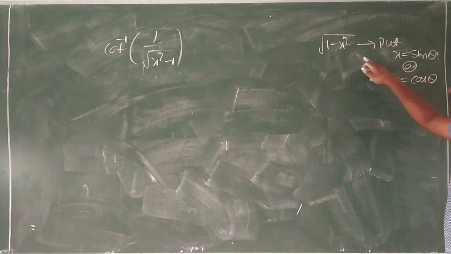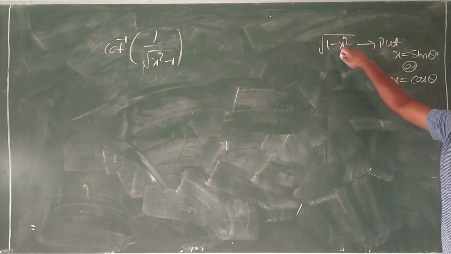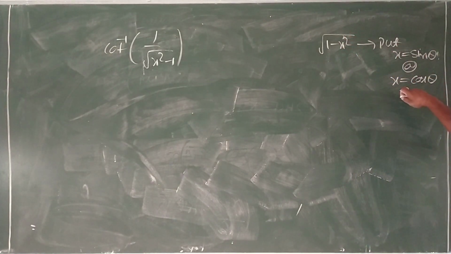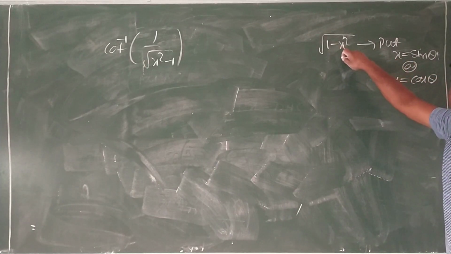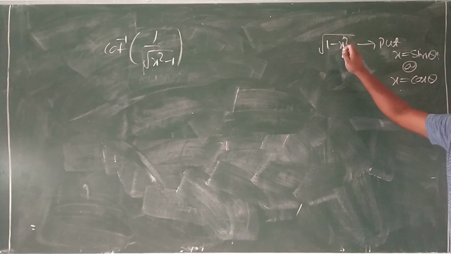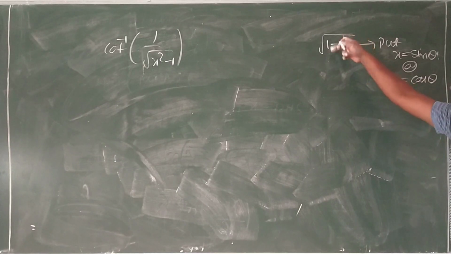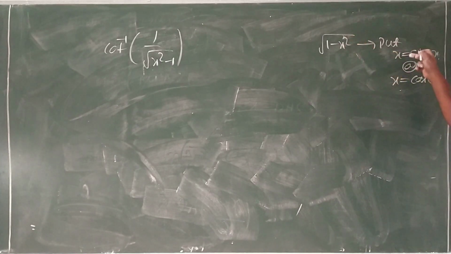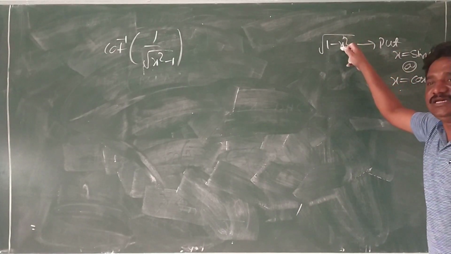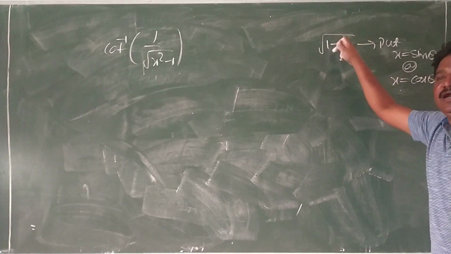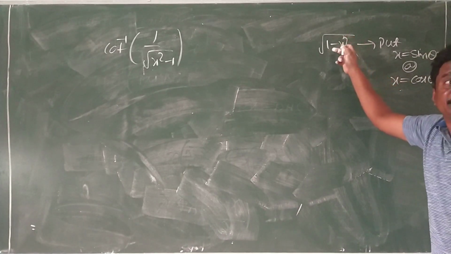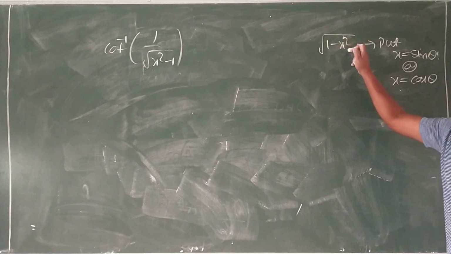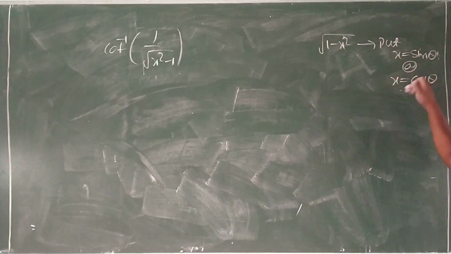Why do we use this? Whenever this term is seen, we use this substitution, because 1 minus sin square is equal to cos square. The square root gets cancelled. For this type of terms, if I use these substitutions, the term gets simplified.